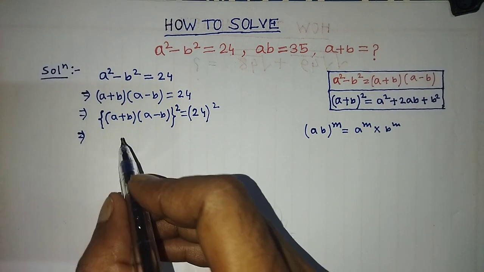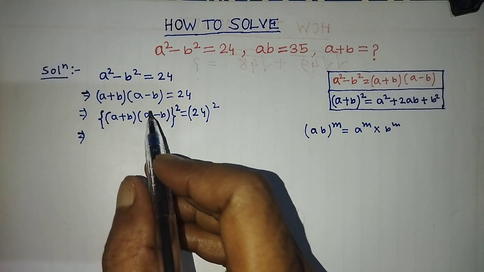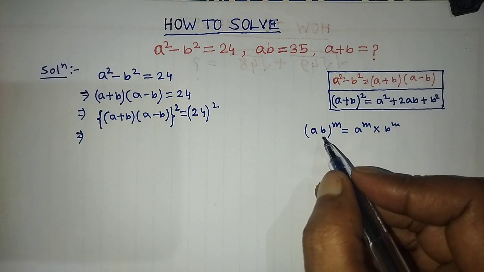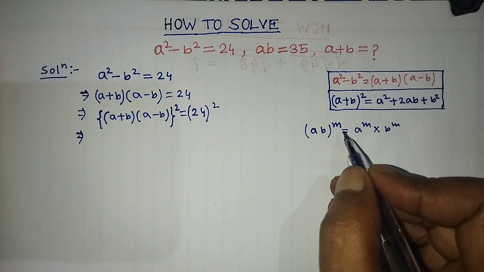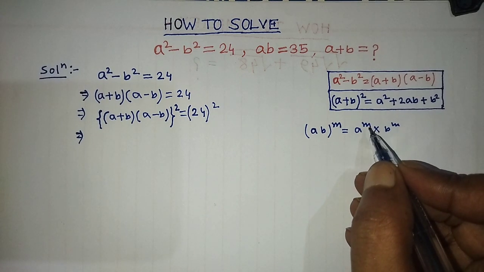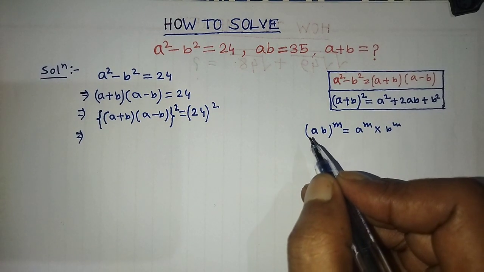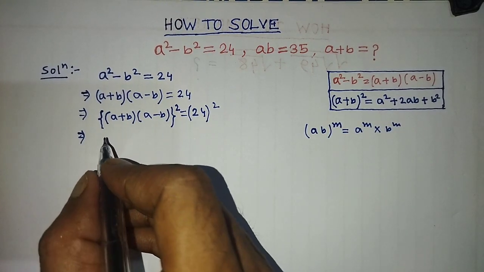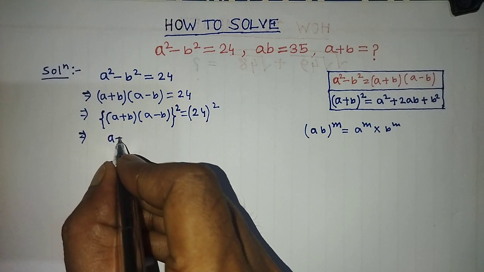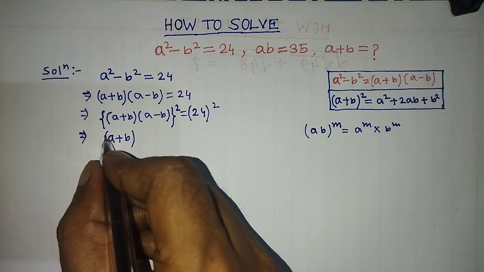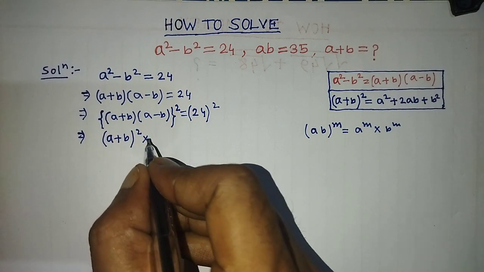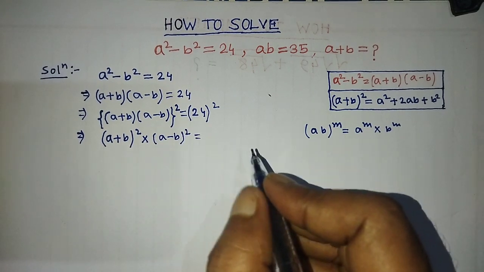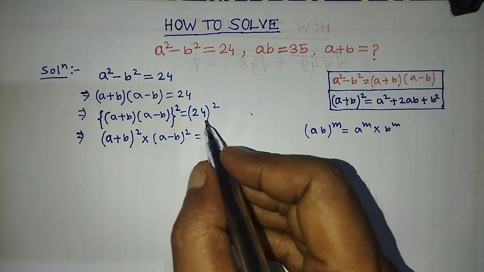After that we have to simplify this algebraic expression on the left hand side. So we have to apply this formula: a into b whole to the power m is equal to a to the power m into b to the power m. So we can write a plus b whole to the power 2 into a minus b whole to the power 2 is equal to, on the right hand side, the square of 24.